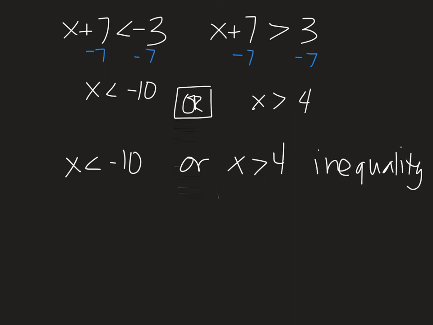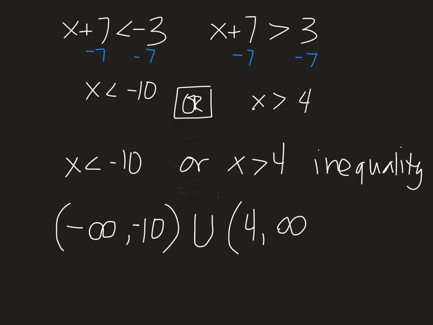As an interval, everything less than negative 10 starts at negative infinity, and it comes up to negative 10 with parentheses. And then we use this little U, the union, right? We connect this negative 10 set to this other one where everything is bigger than 4, so from positive 4.